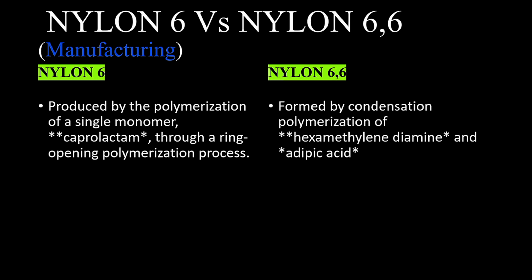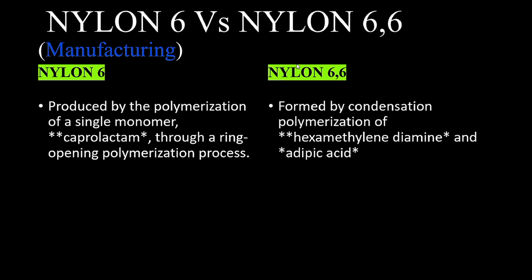First, we will discuss the difference with respect to manufacturing. Nylon 6 is produced by polymerization of a single monomer, caprolactam, through a ring opening polymerization process.